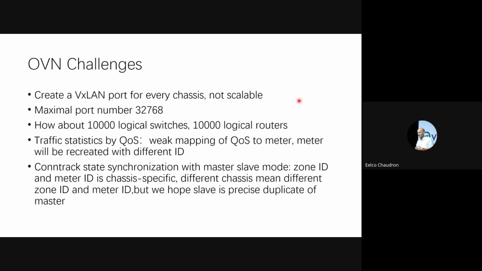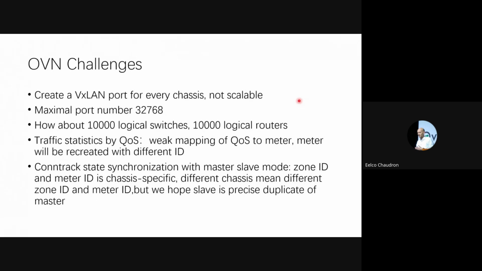Another important issue is conntrack state synchronization between the master NAT gateway and the slave NAT gateway. We expect the CT zone ID to be the same in the master gateway and in the slave gateway, but it is impossible in reality because every chassis manages its CT zone ID independently.